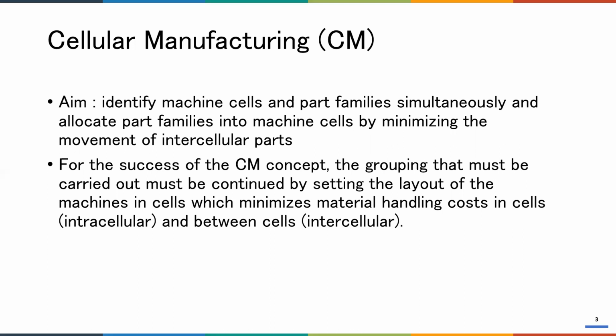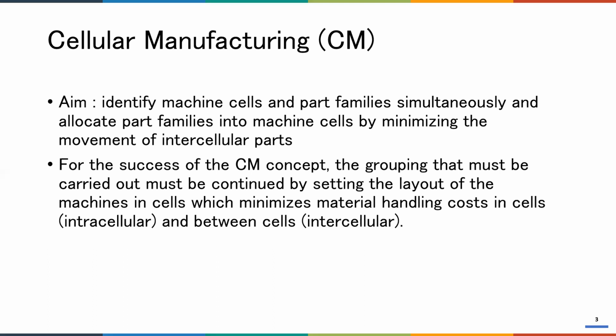And grouping these products or parts into a family, and grouping the machines we are going to use into cells, will affect the space and how each part or product moves inside the facility. However, of course, it's not easy to do that because there must be constraints.